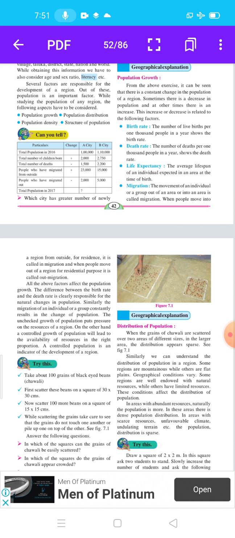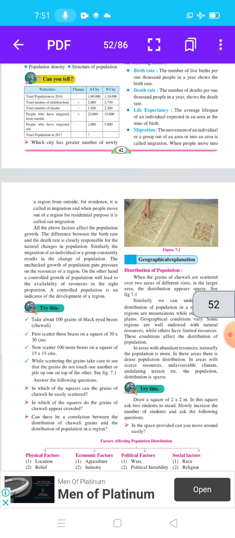Similarly, the migration of an individual or group constantly results in a change of population. The unchecked growth of population puts pressure on the resources of a region. On the other hand, a controlled growth of population will lead to the availability of resources in the right proportion. A controlled population is an indicator of the development of a region.